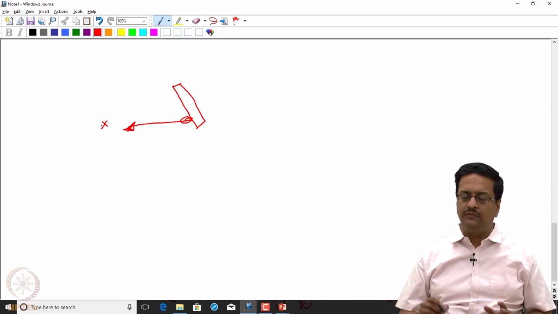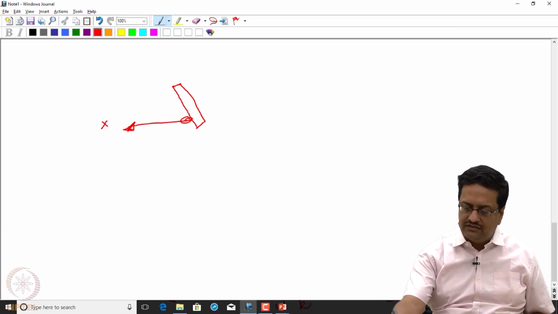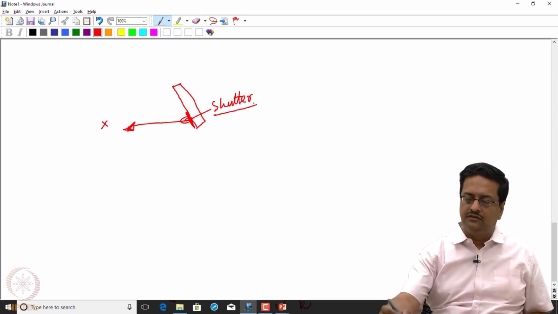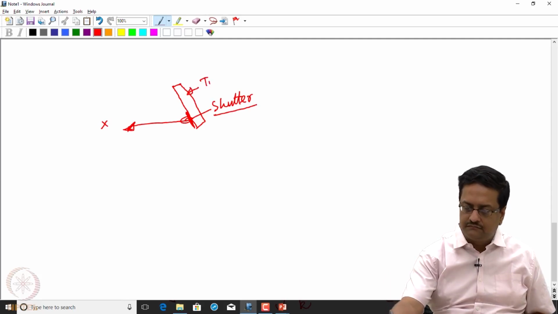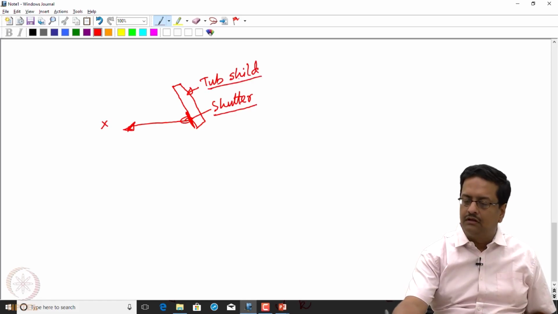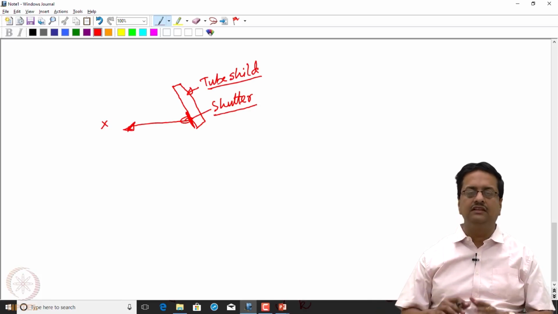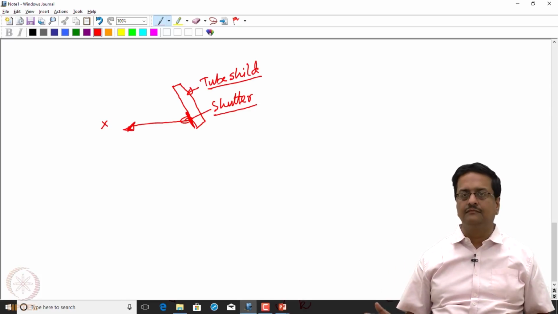So to stop that, what we have is a shutter mounted on the tube shield, which is here, to block the X-ray beam inside the tube only.